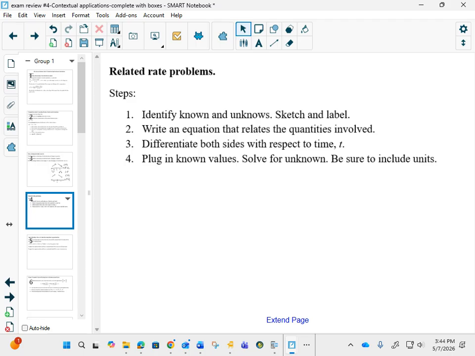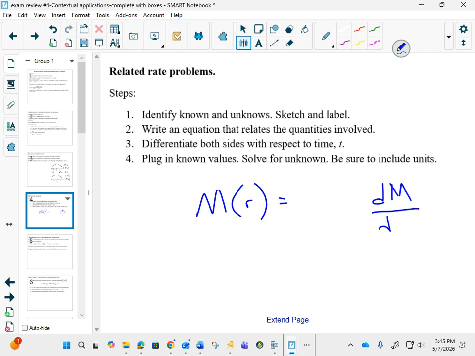And some other things that sometimes come up with related rates is, let's say I have some function, and I'm going to use different letters. Let's see, what letter do I want to use? Big M of little r. I don't know. We have some equation, big M of little r, the mystery equation. Well, if you had this, derivative-wise, does it make sense that you could find dM/dr based on the variables that are there? Okay?